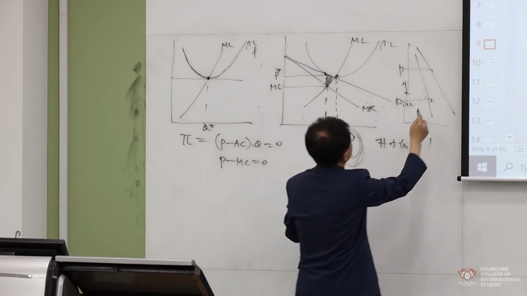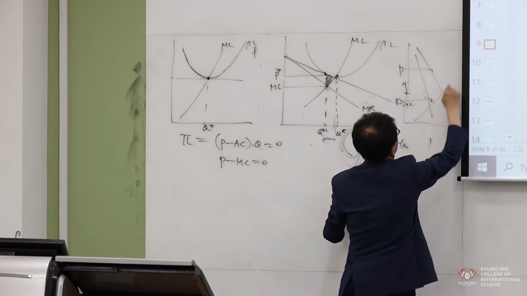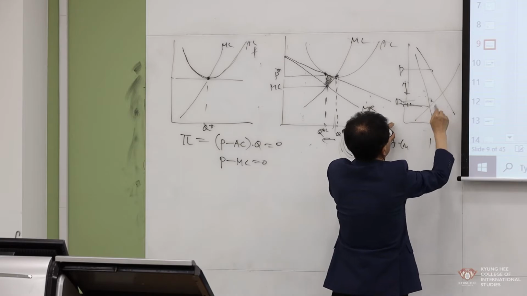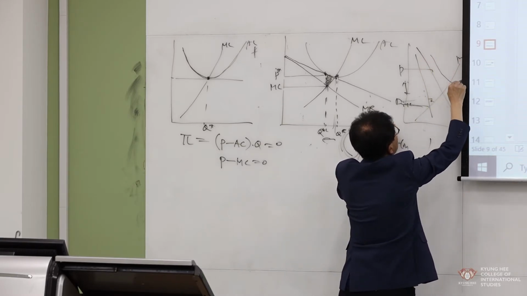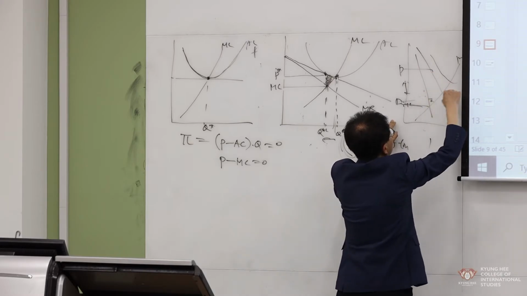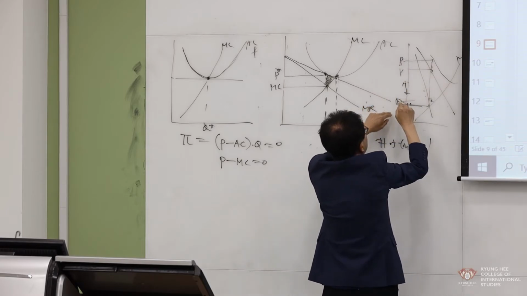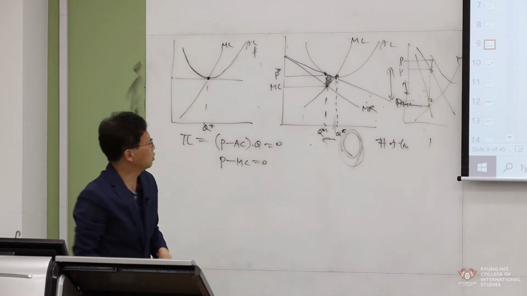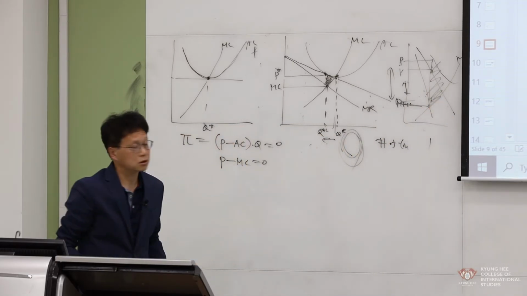But in the monopoly case, for example, how can I say? In the monopoly case, that is marginal cost, and average cost is like this. So there is a large gap between price and marginal cost, right? So the deadweight loss is very huge in the case of monopoly.